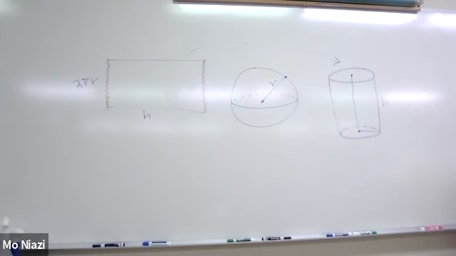So if it just has length, it's a square, right? This is all L. Then this height would be just 2L.